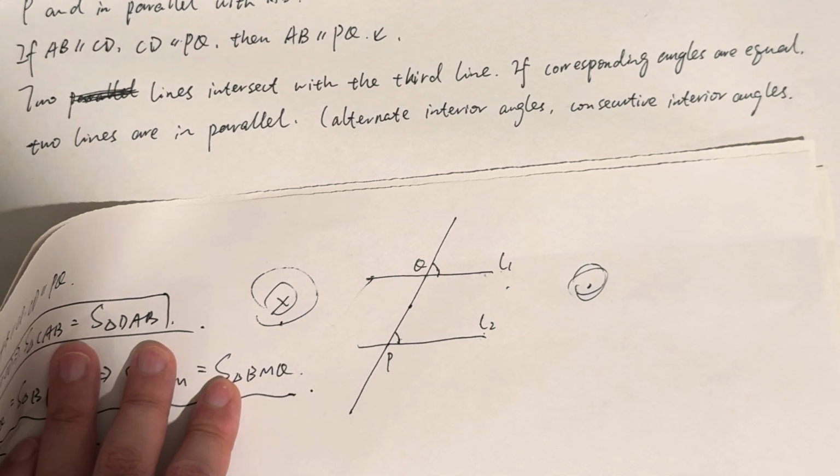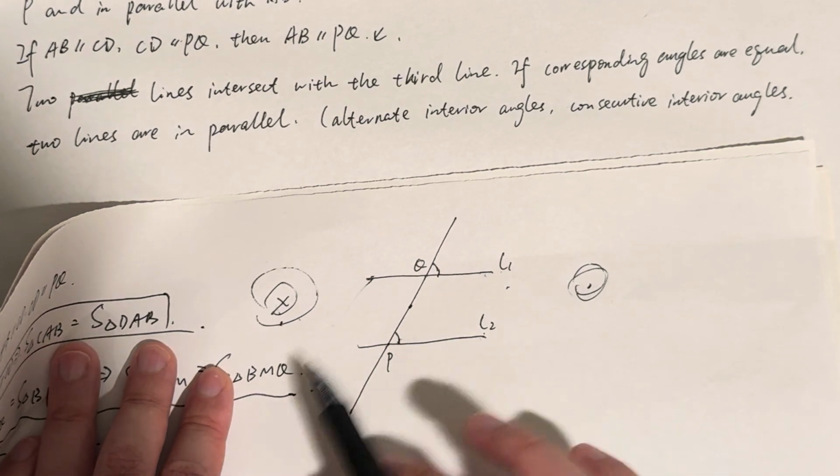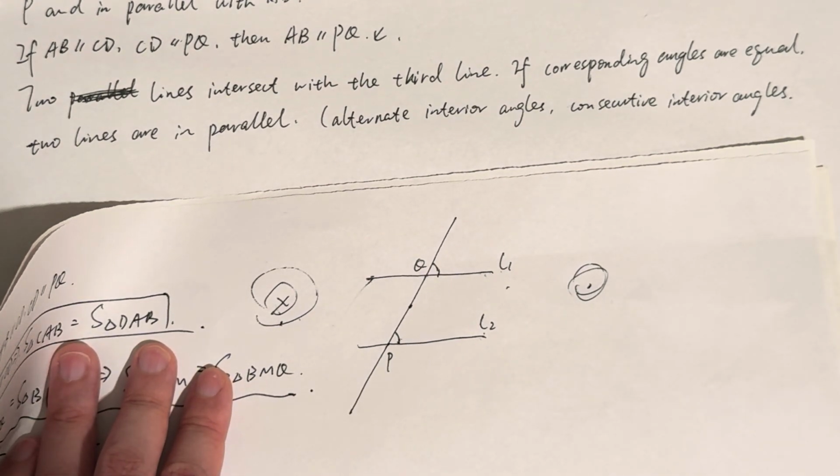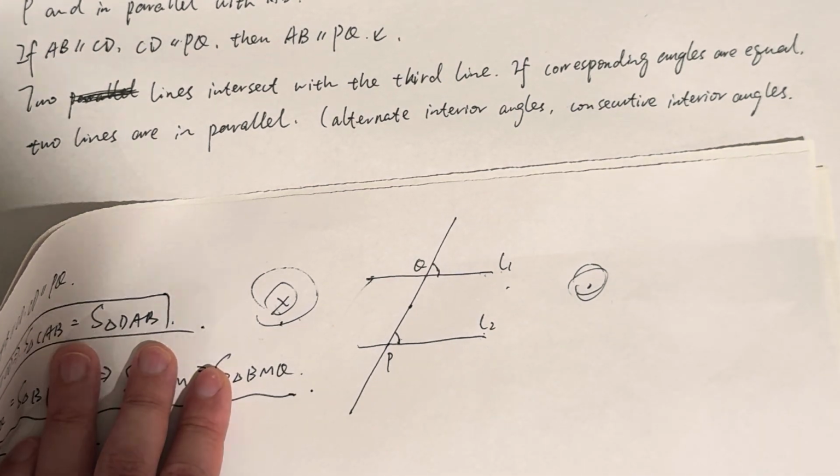That is impossible because 2 points define a line. So in that case, these two lines must be parallel, because they cannot have 2 intersection points.